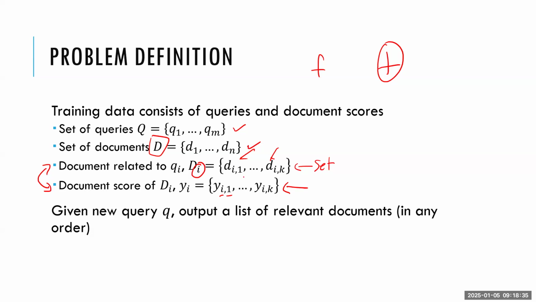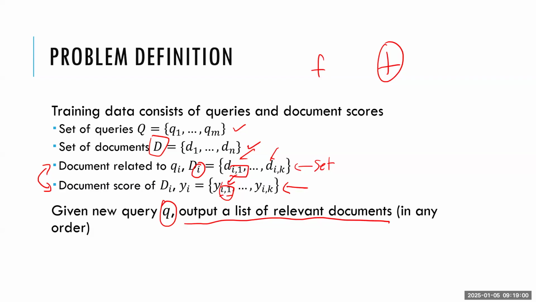And then with the same index, you are going to have the score, right? In this case, it can be binary, it can be a relevance score. And then when you want to predict something, you would give a new query, and you want to output a list of relevant documents.